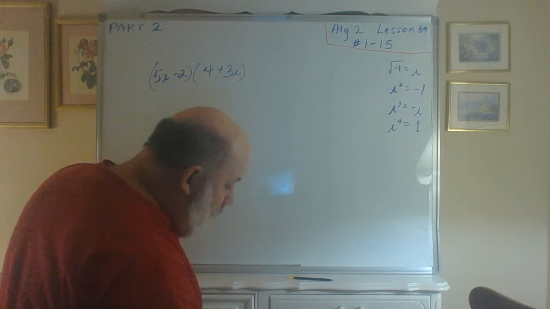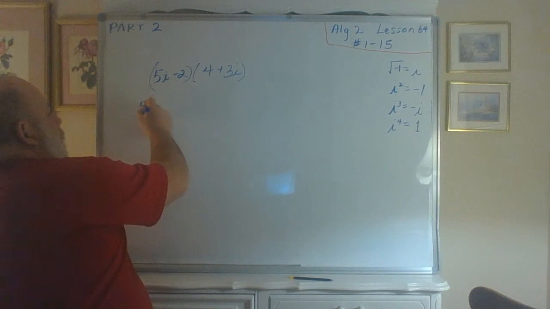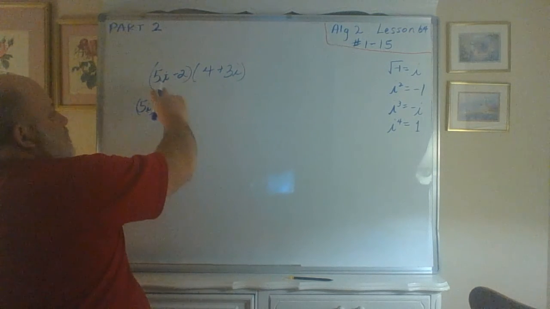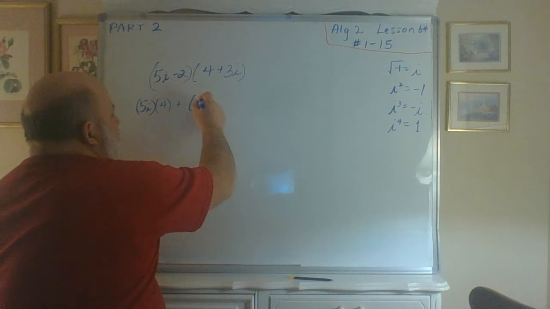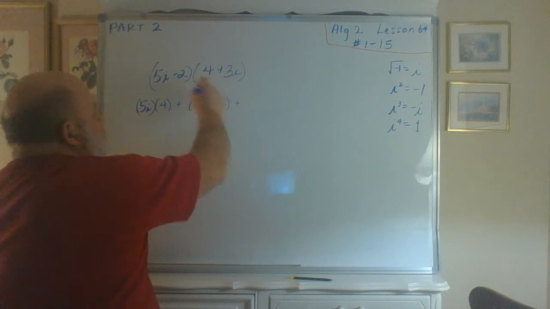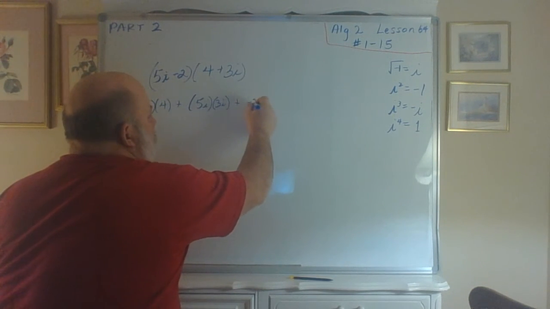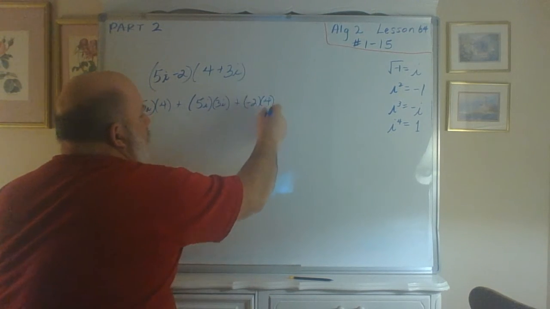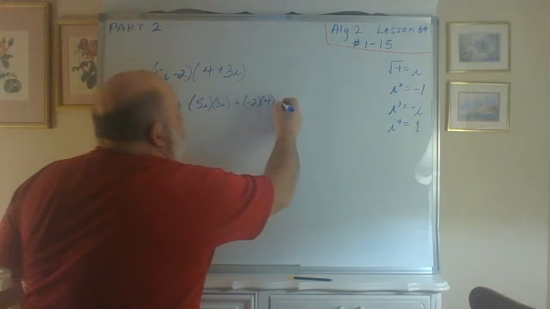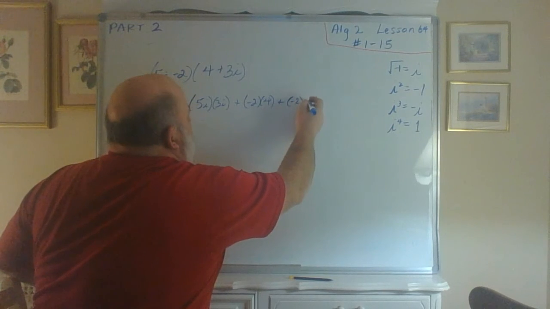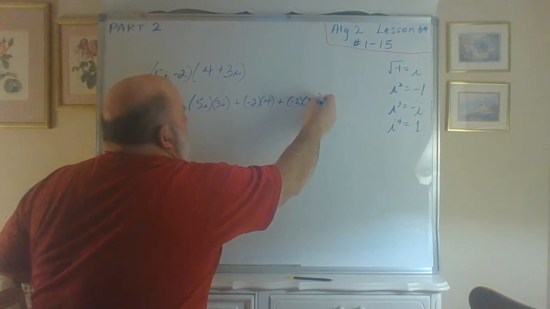Make sure I wrote it right. 5i times 4, plus 5i times 3i, plus -2 times 4, plus -2 times 3i. There we are.